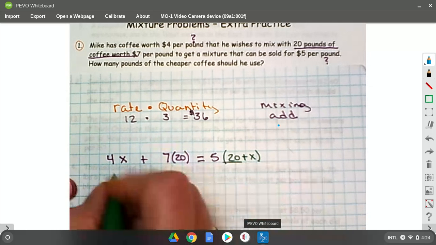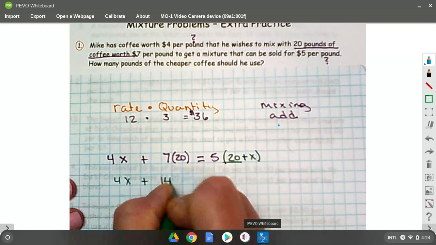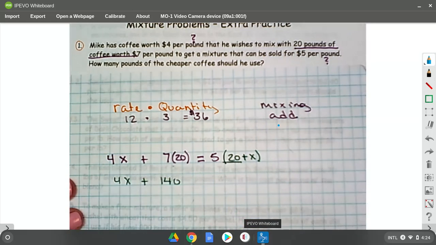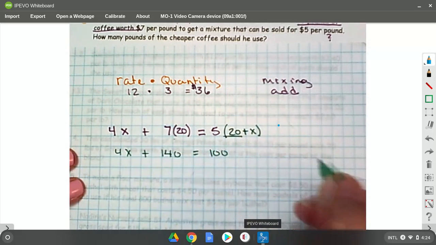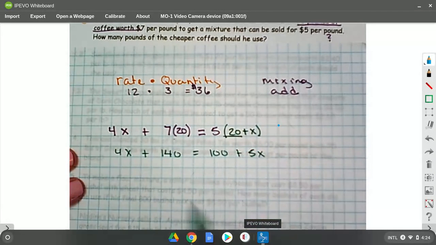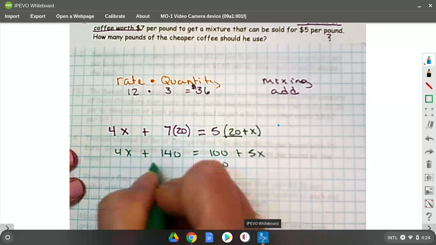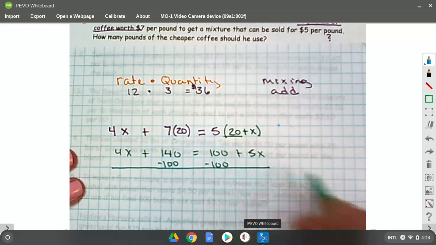So 4X plus 140, 7 times 20, equals 100 plus 5X, right? Subtract the 100 from both sides, and this is what you're going to do in whatever order you want.